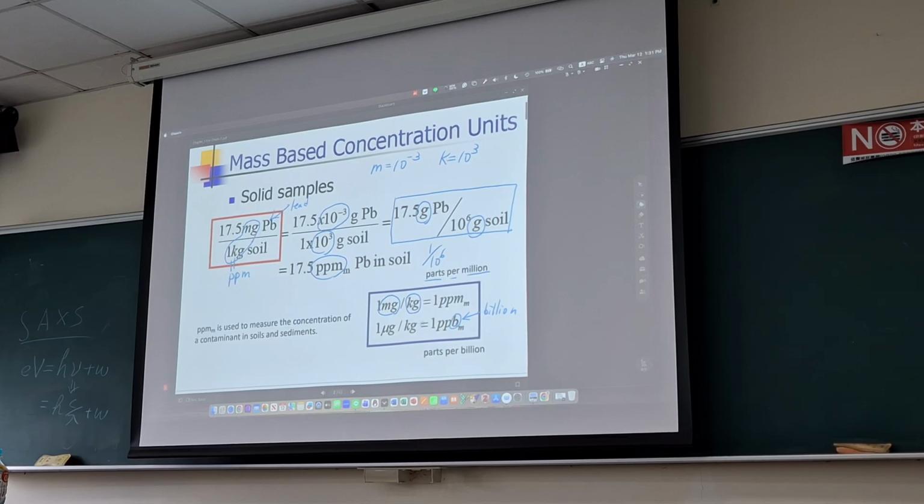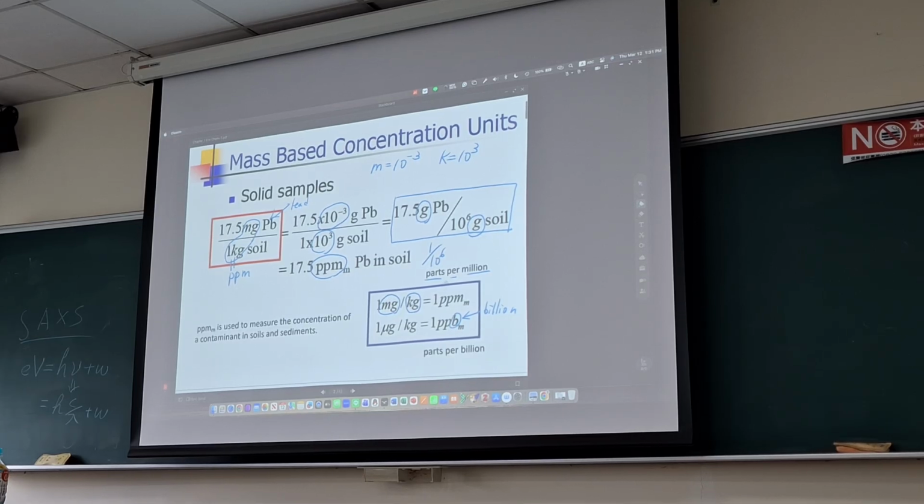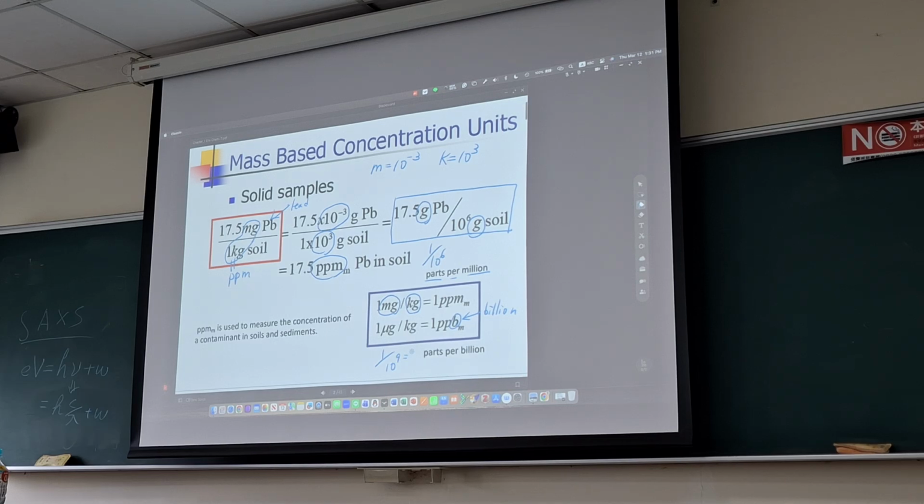The same here, ppb, parts per billion, equals 1 over 10 to the power of 9, so equals 10 to the minus 9. And ppm is very useful if we try to measure the concentration of contaminants in soil.